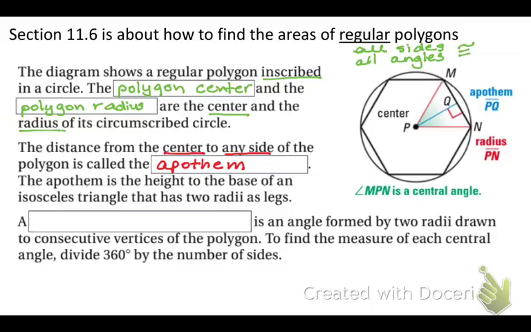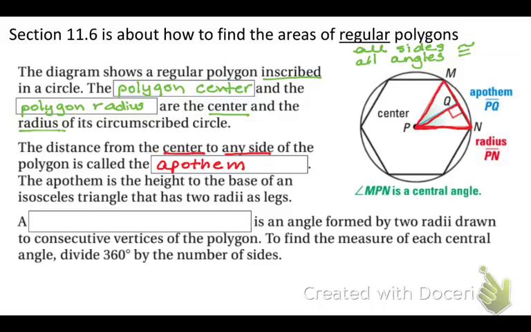So we're going to use this blue line as the apothem. Here's the base; the apothem is the height of an isosceles triangle.